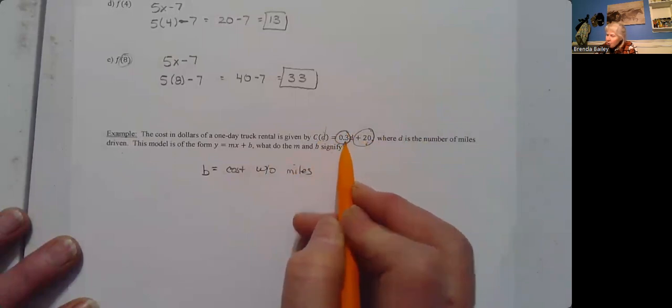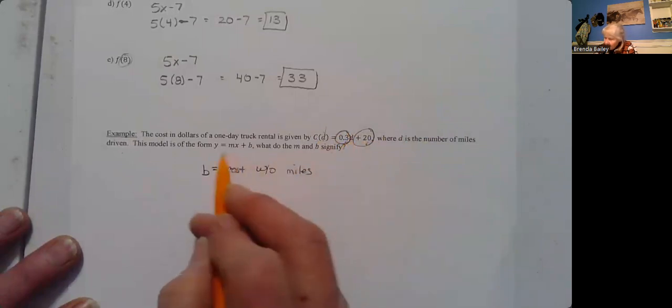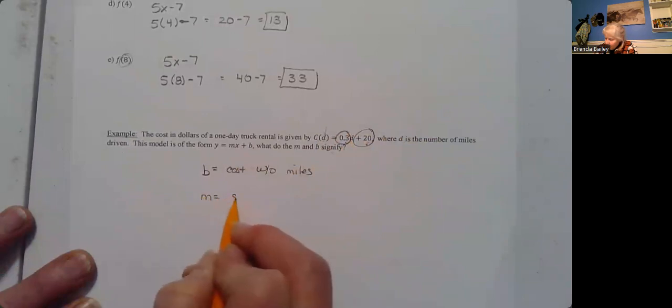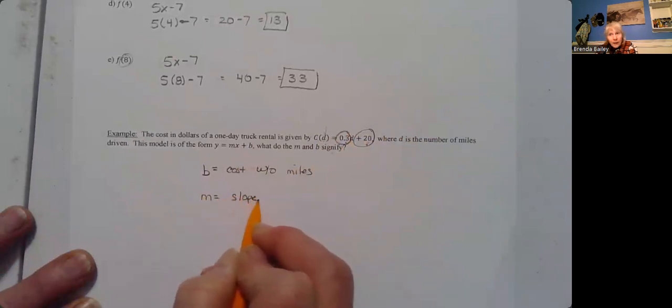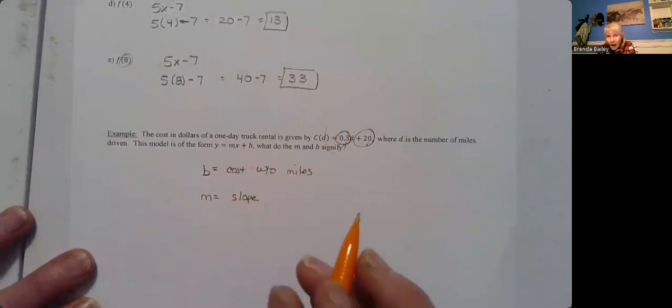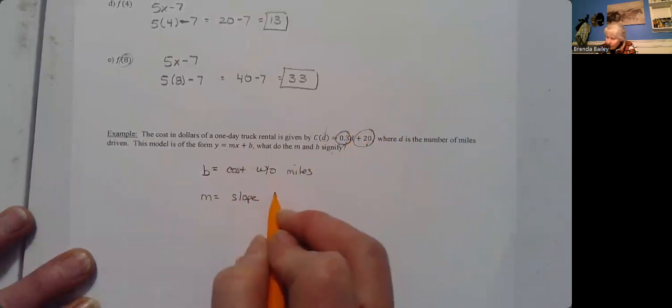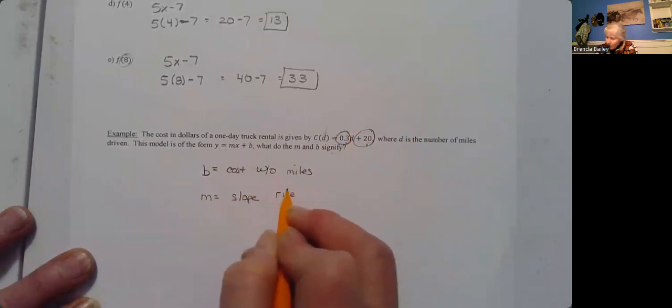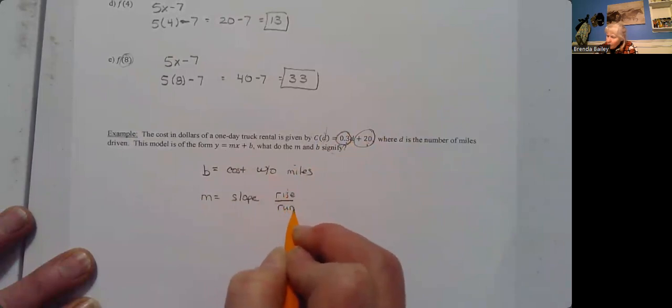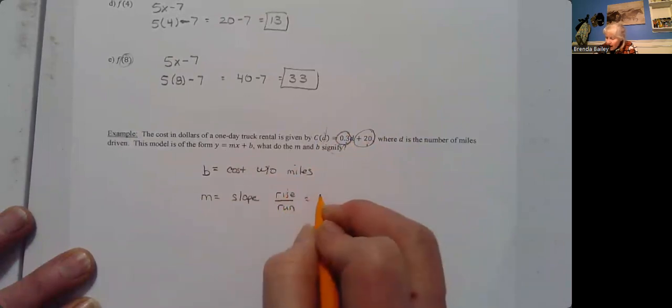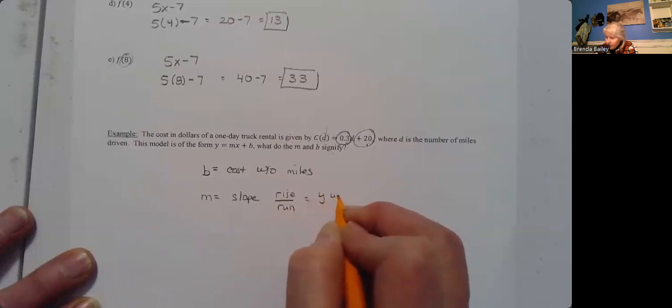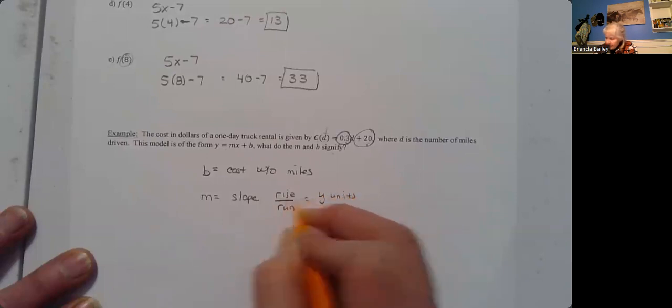M is the slope. And you need to remember that the slope is the rise over the run, which is the difference in the Y. So it has the Y units because you use the Y's to find this.